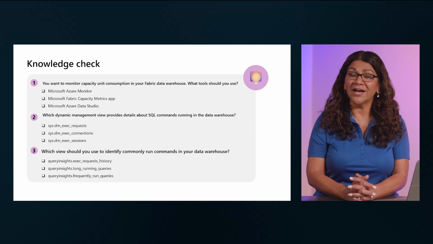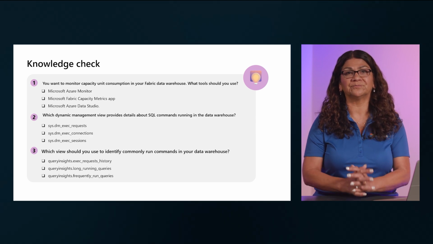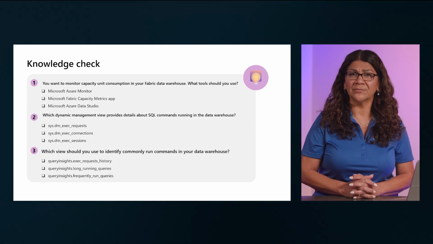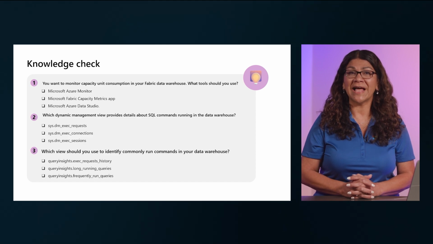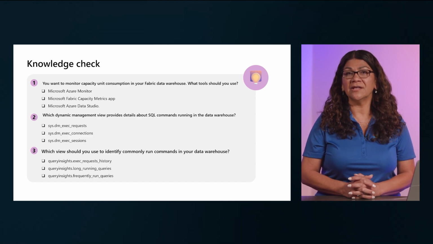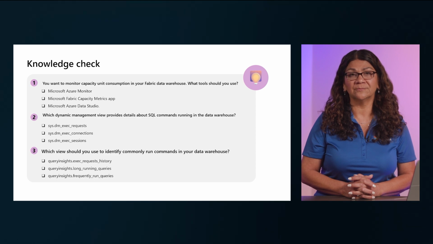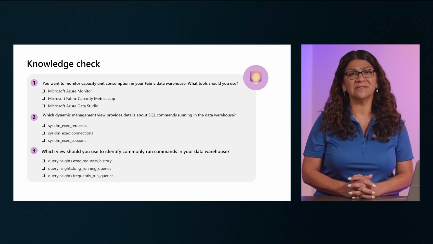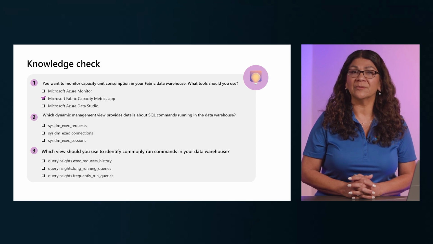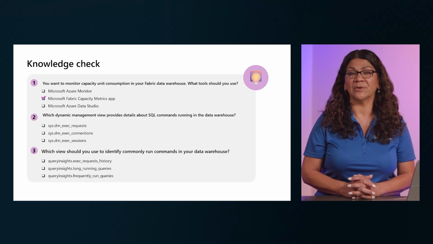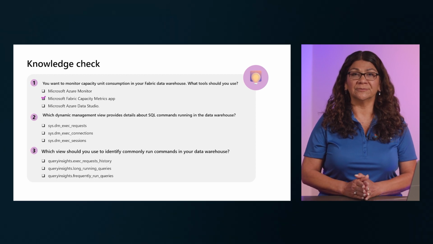And now it's time for our knowledge check. Question 1. You want to monitor capacity unit consumption in your Fabric data warehouse. What tools should you use? Answer: Microsoft Fabric Capacity Metrics app. Question 2.